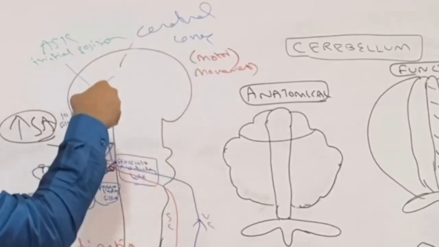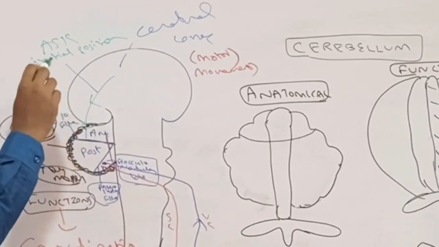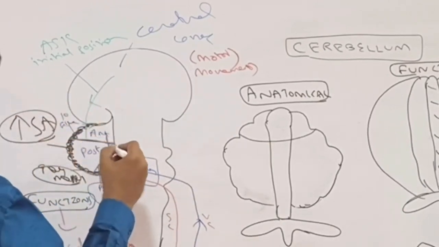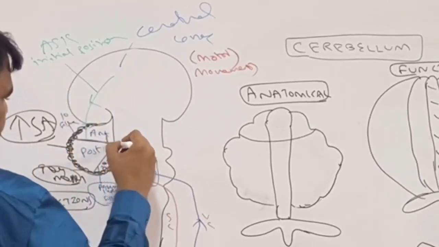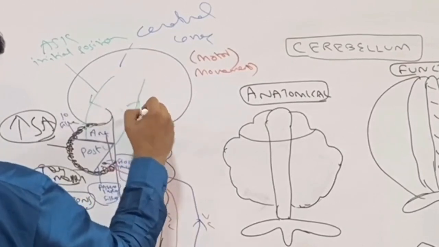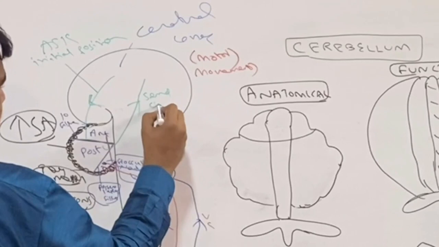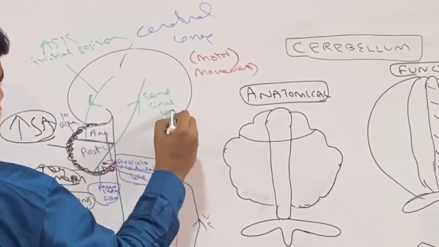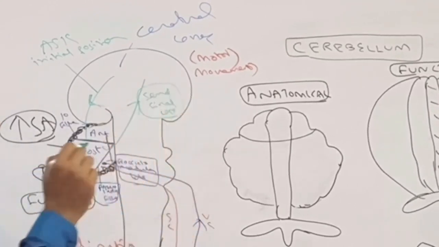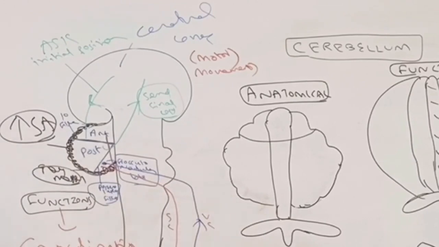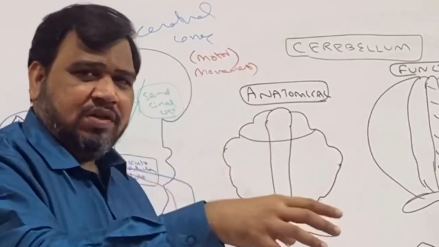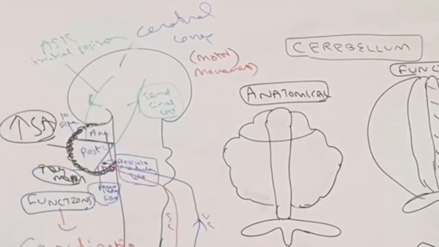The cerebral cortex will ask the cerebellum the initial position. The cerebellum will send the final copy to the cortex that this is the position.